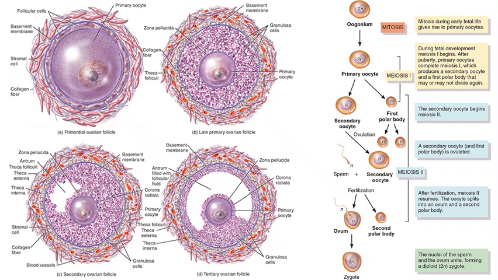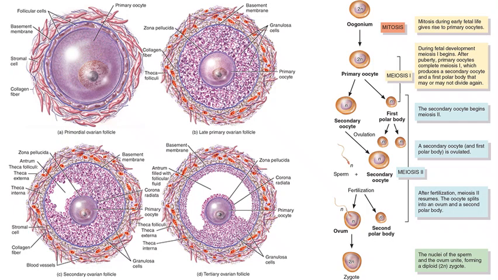But if sperm are present in the uterine tube and one penetrates the secondary oocyte, meiosis II resumes, and the secondary oocyte splits into two haploid cells. Again, it follows an unequal size pattern, where the larger cell is the ovum or mature egg, and the smaller one is the second polar body, just nuclear waste. The nuclei of the sperm and the ovum unite, which forms a diploid zygote.